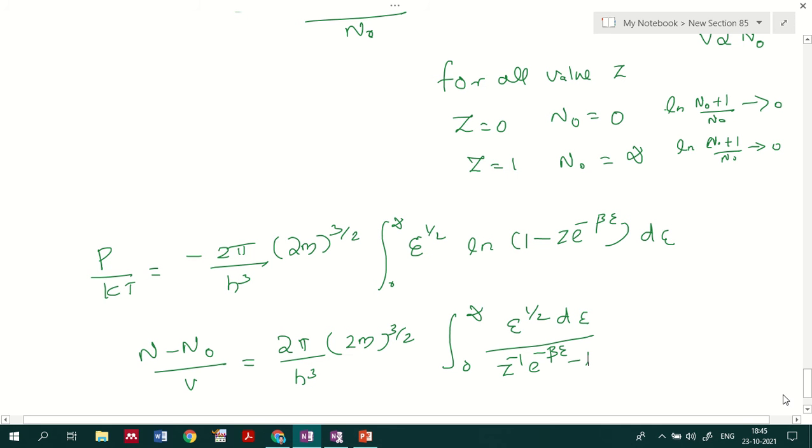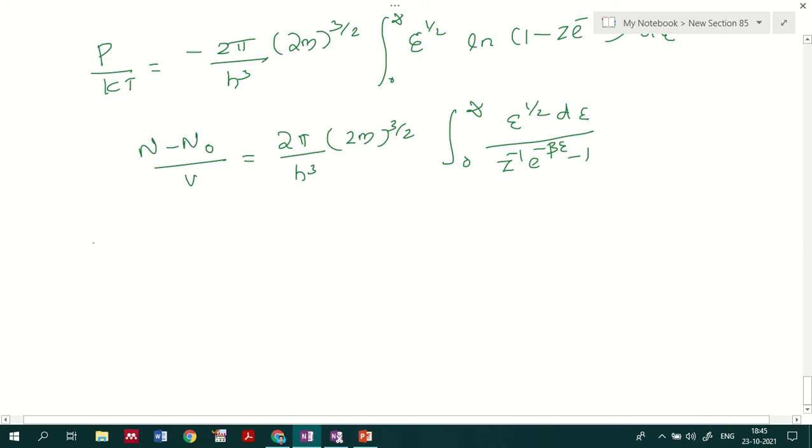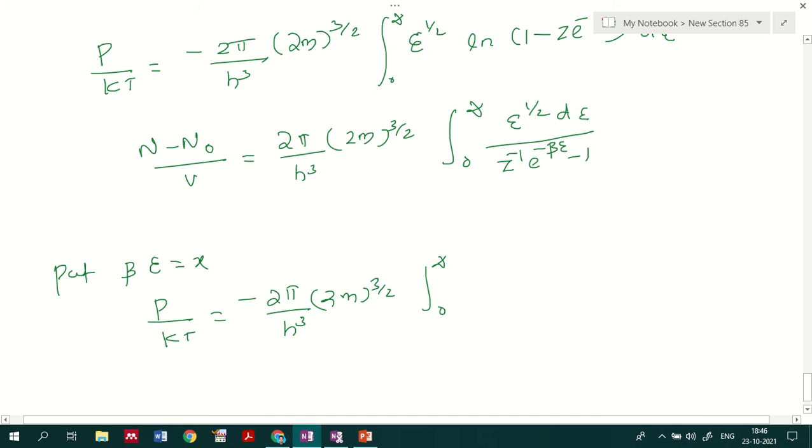Now in these two equations, let me substitute beta epsilon. You just put beta epsilon equal to x. By putting that, p by kt will be equal to minus 2 pi by h cube, 2m raised to 3 by 2, integral 0 to infinity.